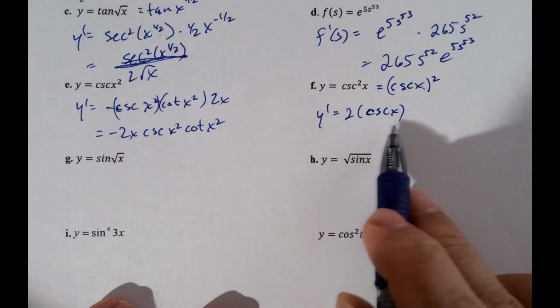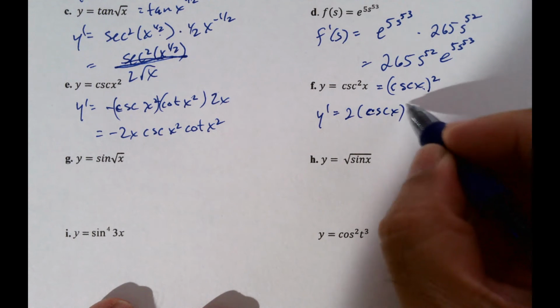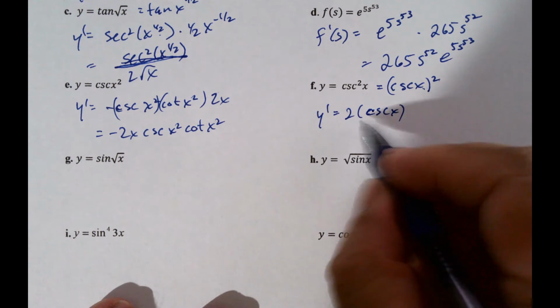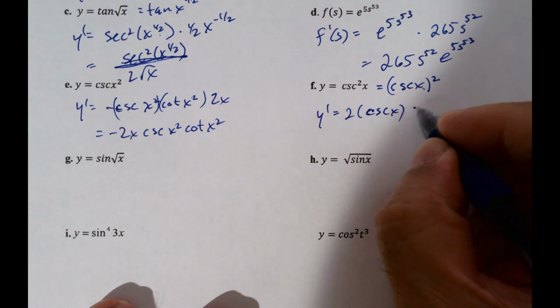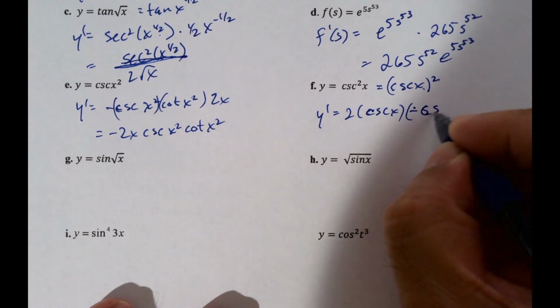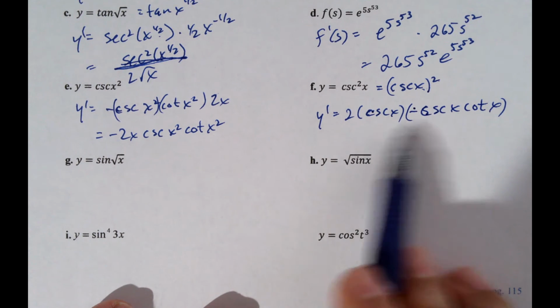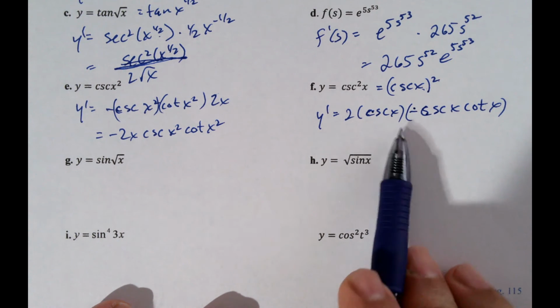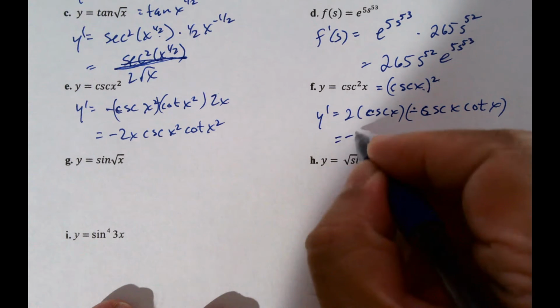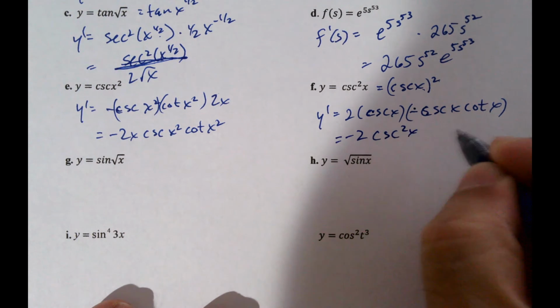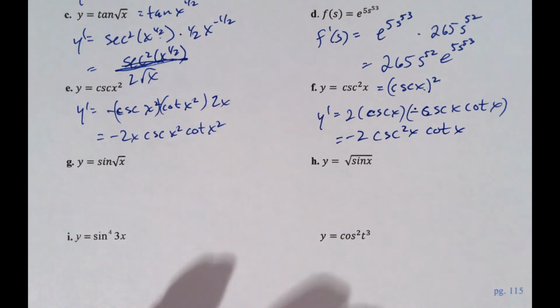Now I'll take the derivative of cosecant. The 2 minus 1 is 1, so I didn't bother to write the exponent. Now I'll take the derivative of cosecant x, which is negative cosecant x cotangent x. You can simplify this. You can multiply the cosecants together. Let's bring the negative sign up front. So it's negative 2 cosecant squared x cotangent x. All right.